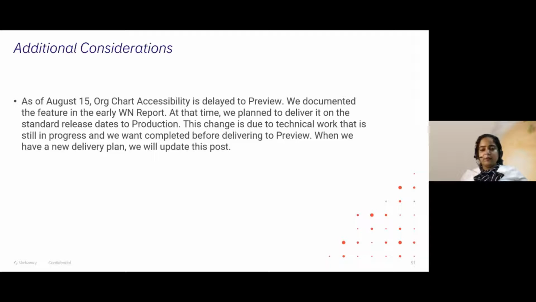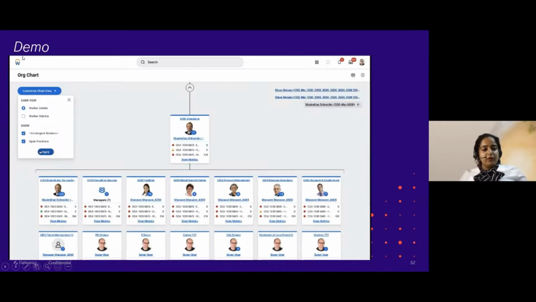So I will not be able to show a demo of it, but I have attached a screenshot for the same. So this is how the new look and feel of the org chart will be going forward. We can see the card view as per the worker details and worker matrix.